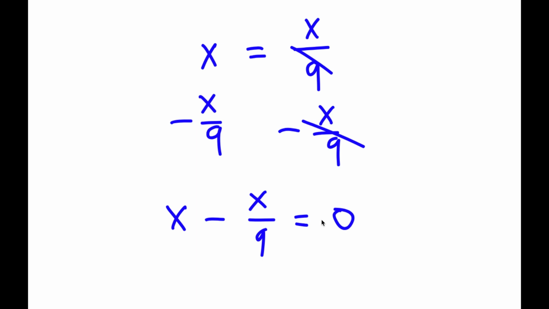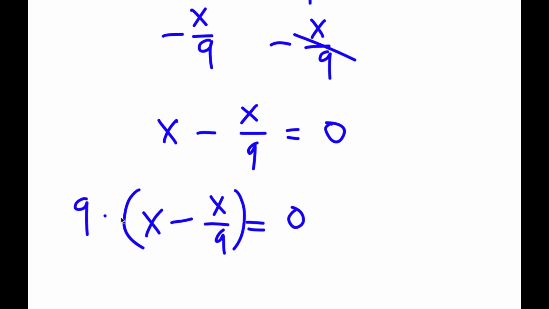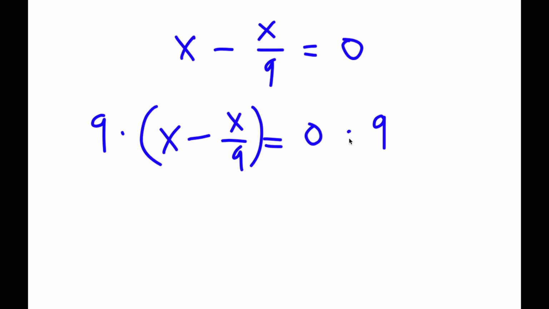Now I'm going to go ahead and multiply both sides by 9. So now I have x minus x over 9 times 9 is equal to 0 times 9. Well, everyone knows that 0 times any number is simply equal to 0. So 0 times 9, that's simply equal to 0.